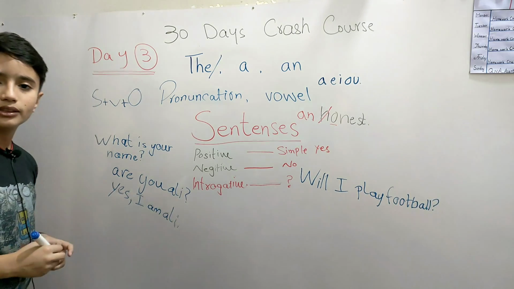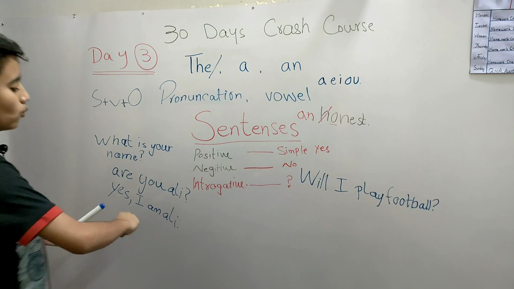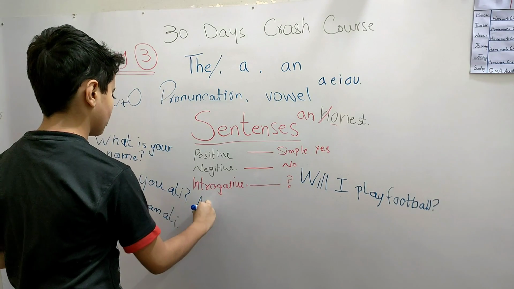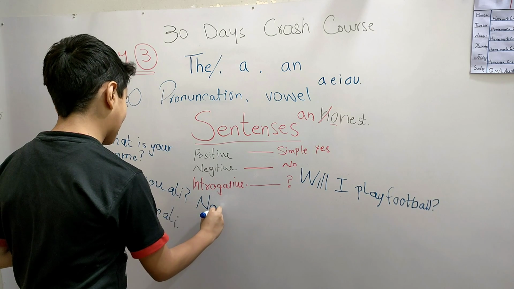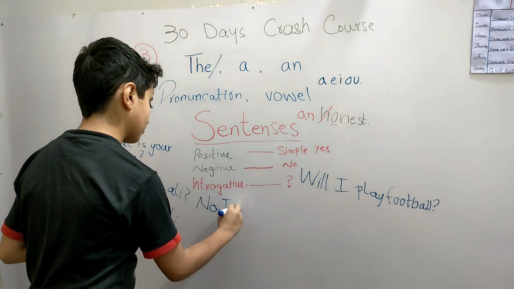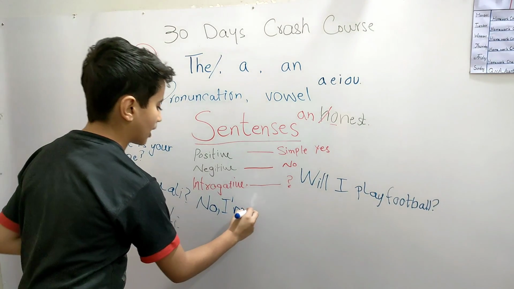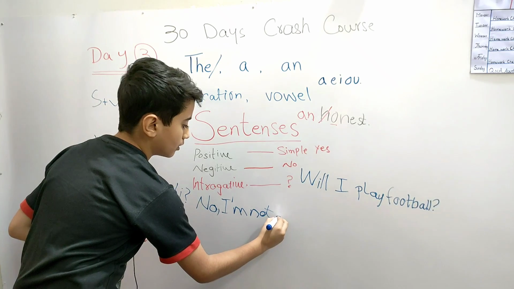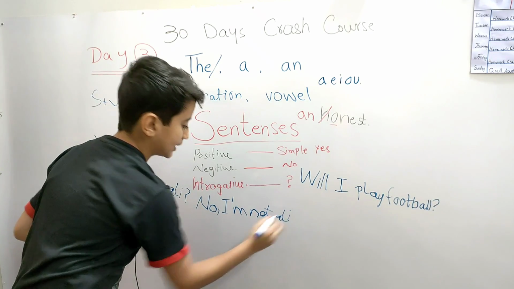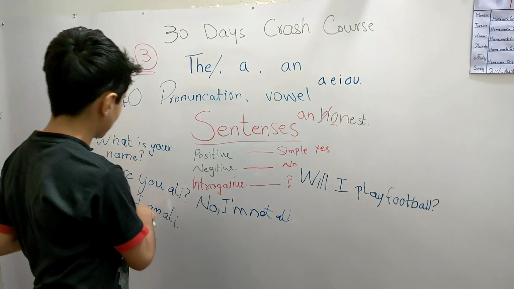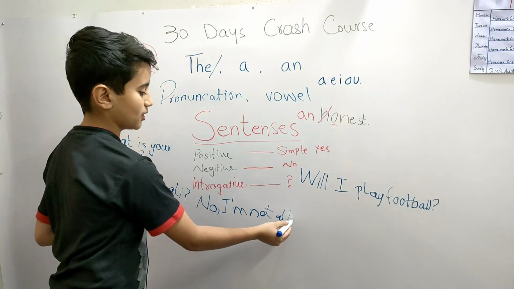Now, what is this? Positive. But if you are not Ali, you will say, no, I am not Ali. I am Hasnain. So this is negative, that is positive, and this is interrogative.